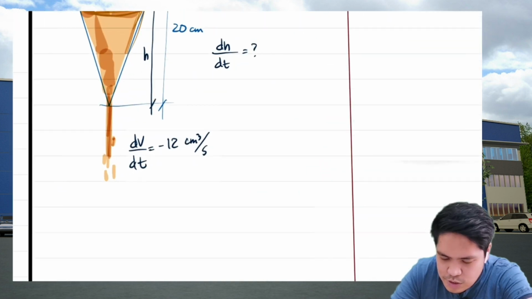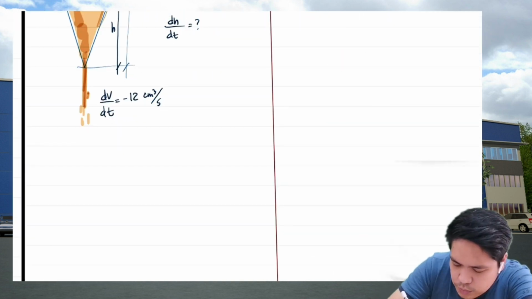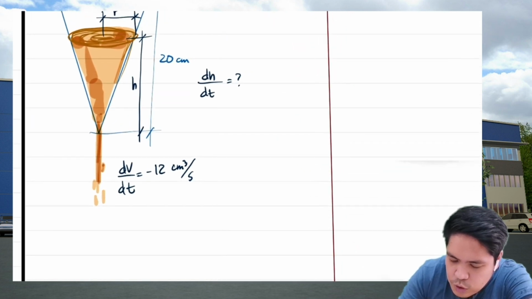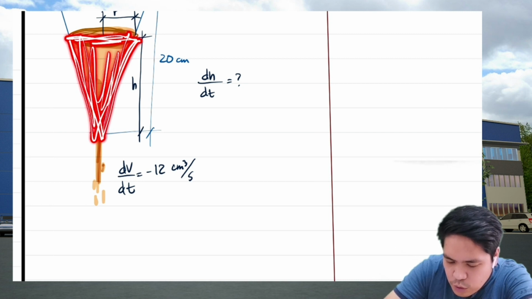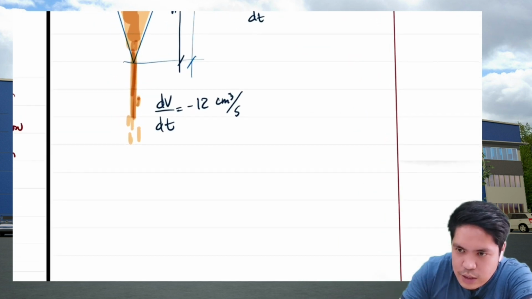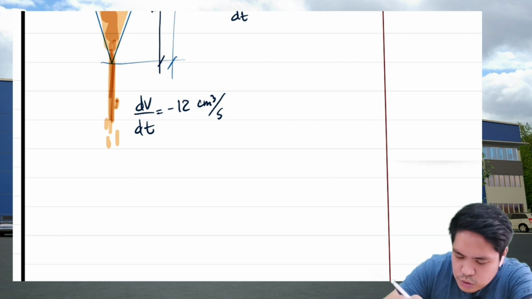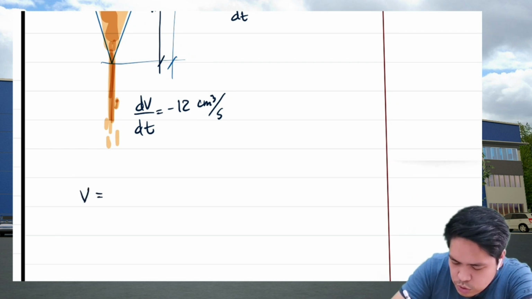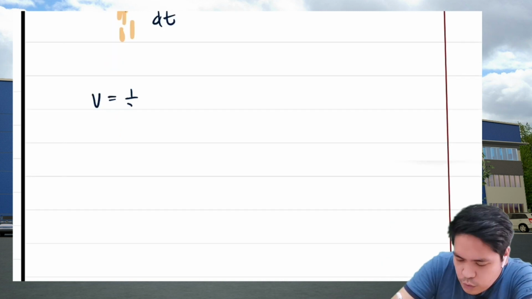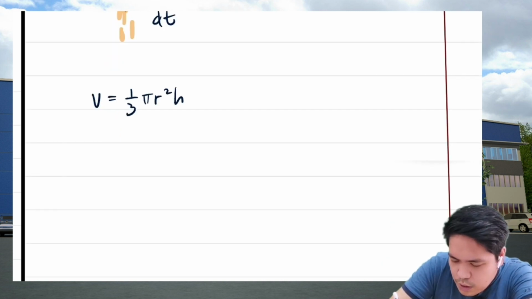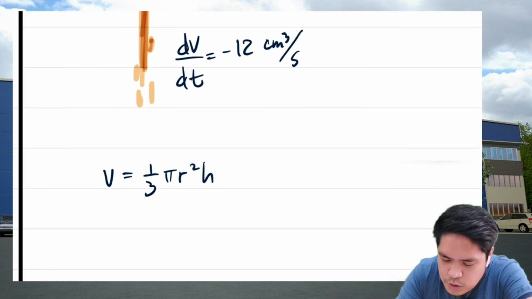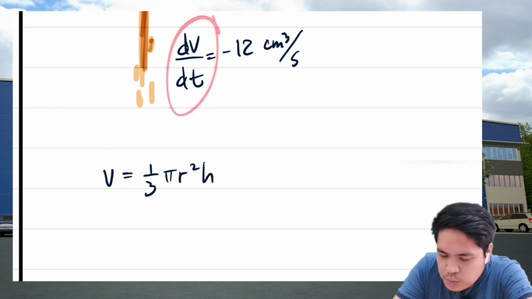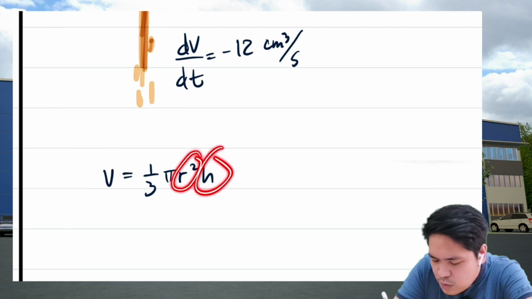To get the volume at a certain instant inside that cone container, we need the formula for the volume of a cone, which is 1/3 pi r squared h. And remember, if we get the derivative of this with respect to time, that would be dV over dt. We still have two variables, r and h.